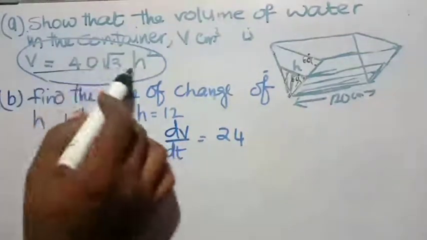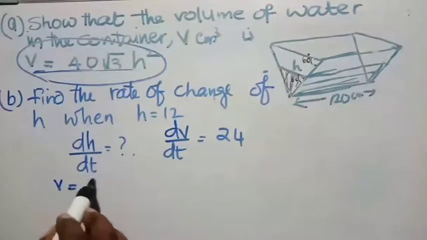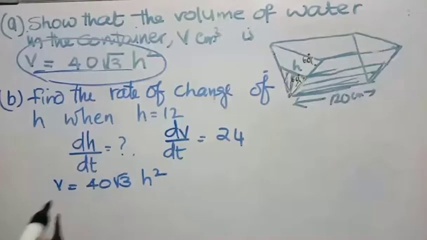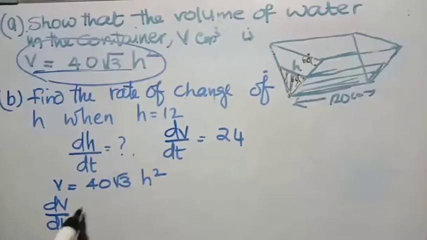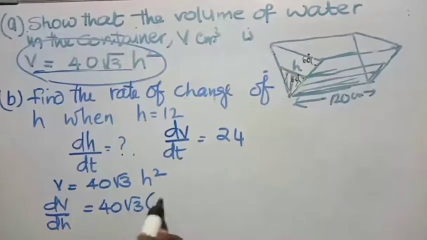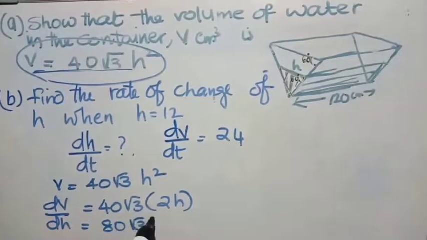For that we have to make use of this one also. This V is 40 root 3 h square. We find dv by dh as 40 root 3 times 2h, that's equal to 80 root 3 h.